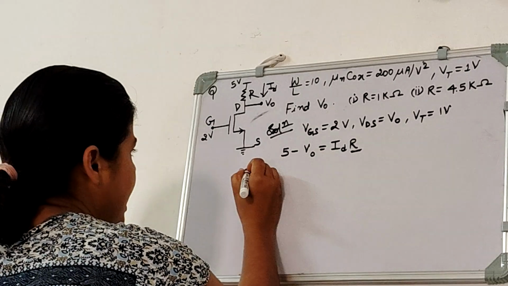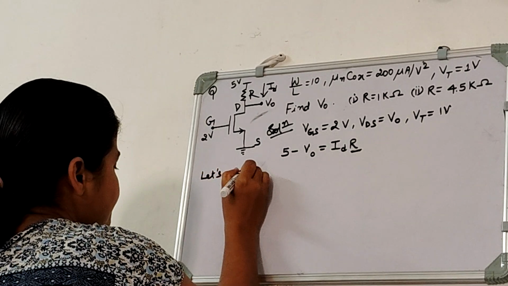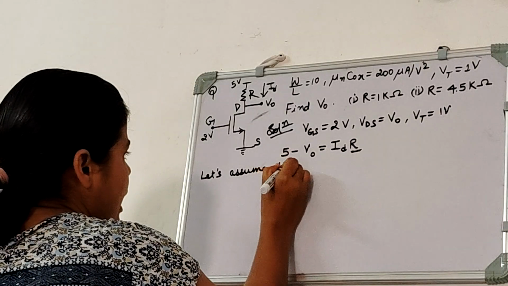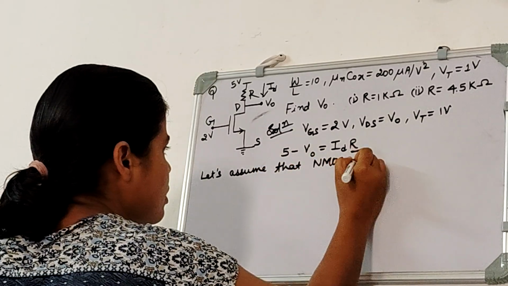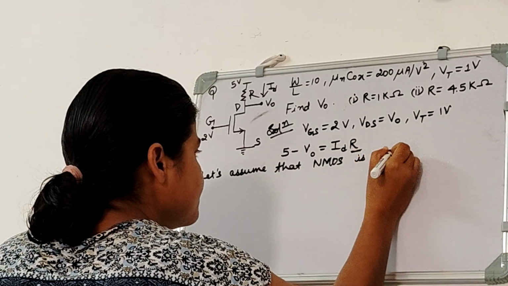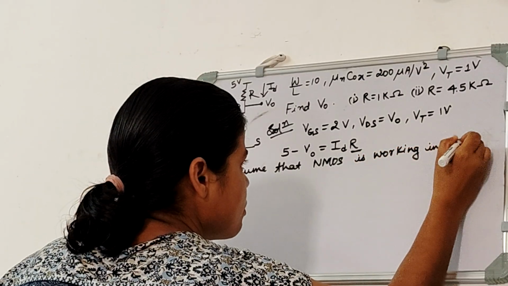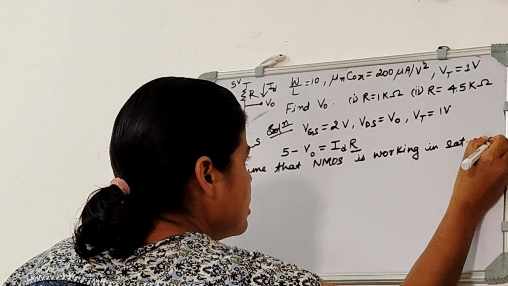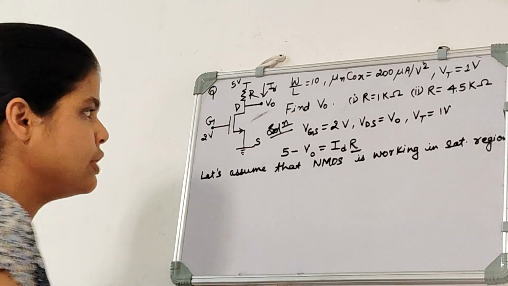So let us assume that the NMOS is working in saturation region. This SAT is for saturation.